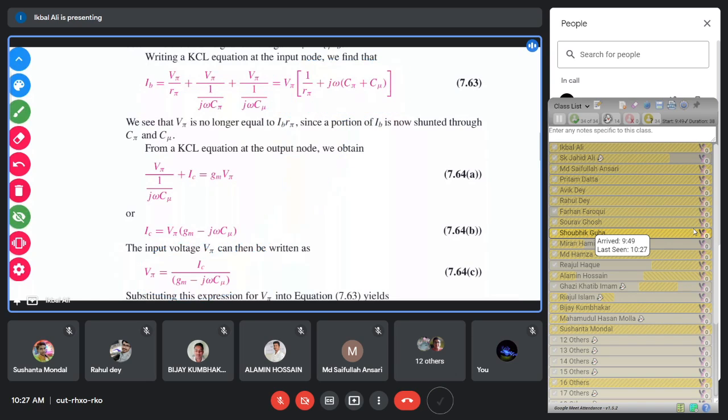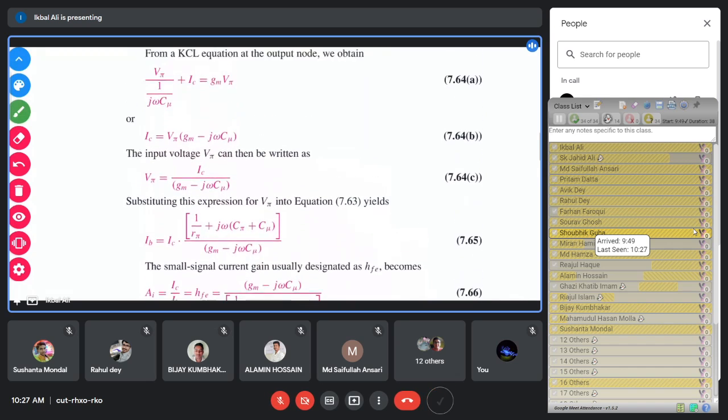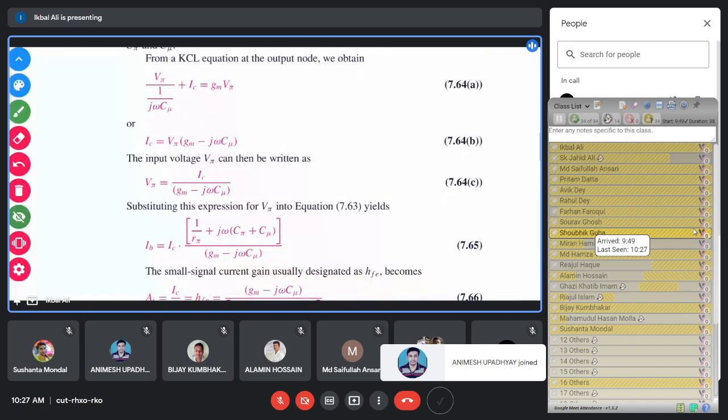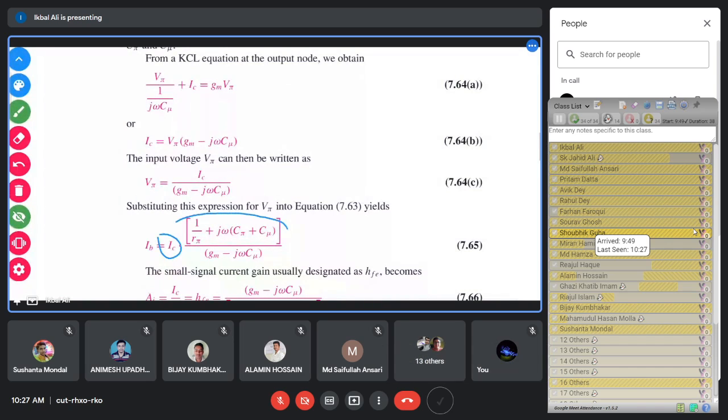If we substitute this V pi into that equation, ultimately you will get this one. This is your IC, this is the numerator, and this is the denominator.